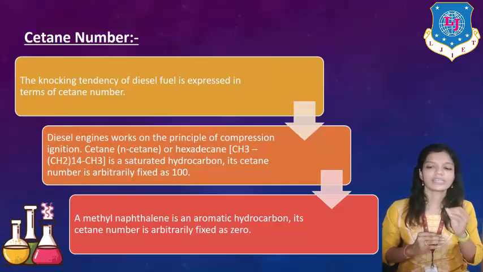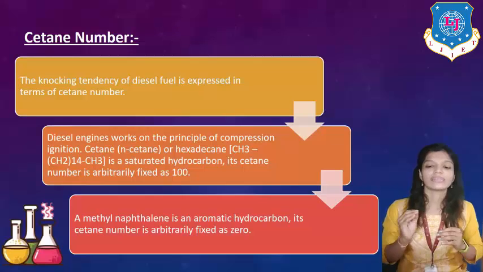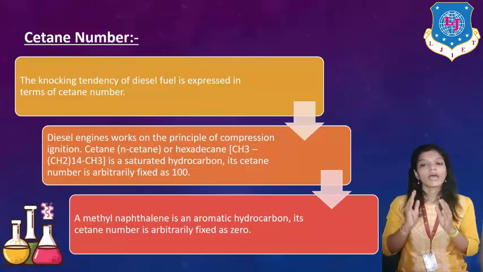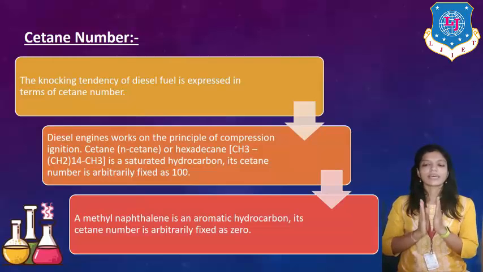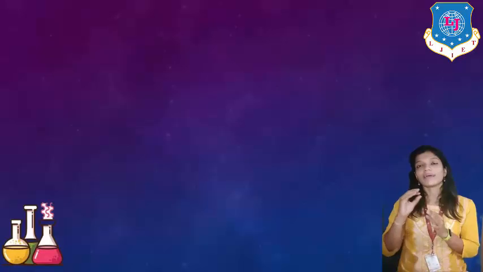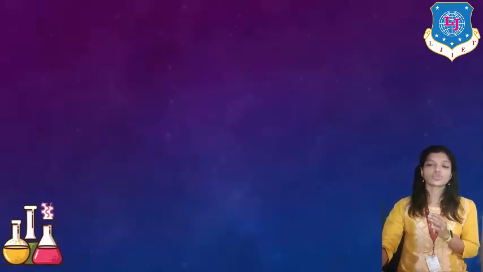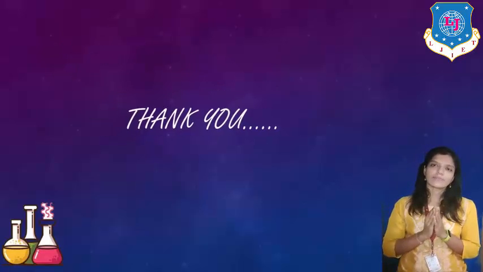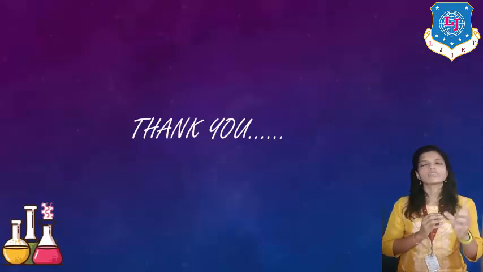Cetane or hexadecane is a saturated hydrocarbon and its cetane number is arbitrarily fixed as 100. Methyl naphthalene is an aromatic hydrocarbon and its cetane number is arbitrarily fixed as 0. I am giving examples of how different kinds of compounds show different cetane number values.